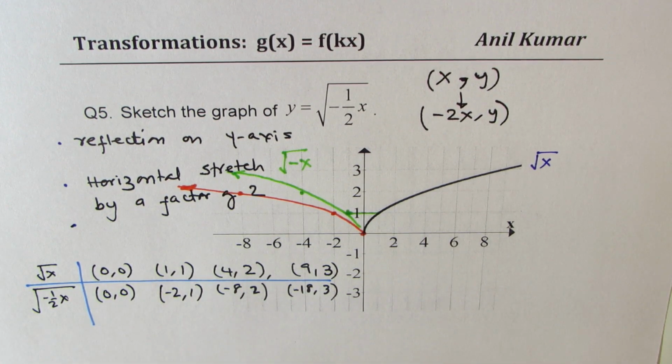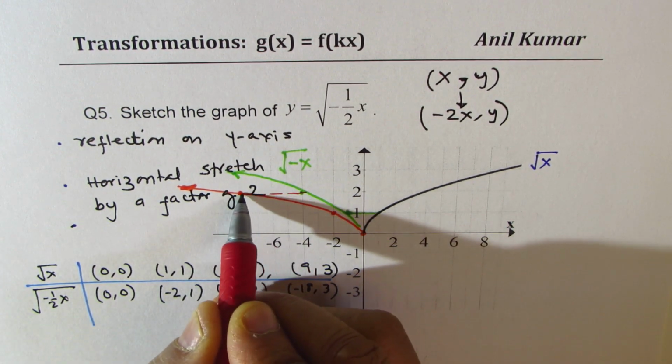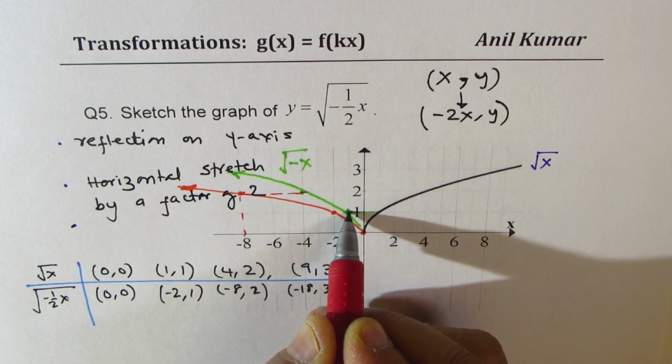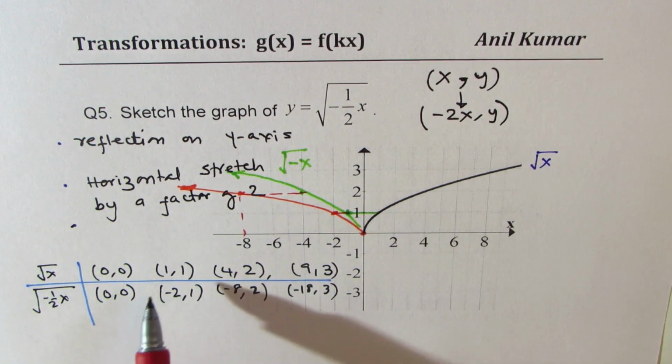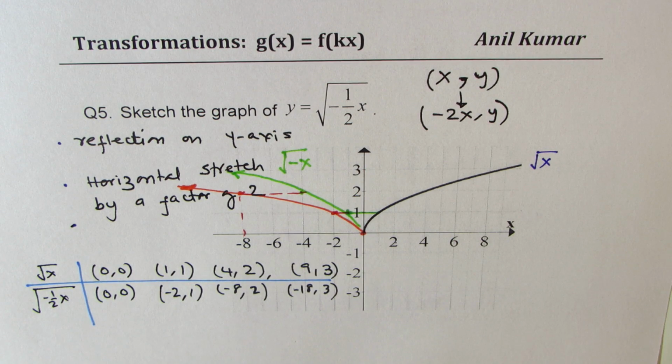So each point is stretched. That means the value which was at minus 4 will now appear at minus 8. Do you see that? The value at minus 1 will now appear at minus 2. So it gets horizontally stretched. So that is the combination which happens for such a graph.